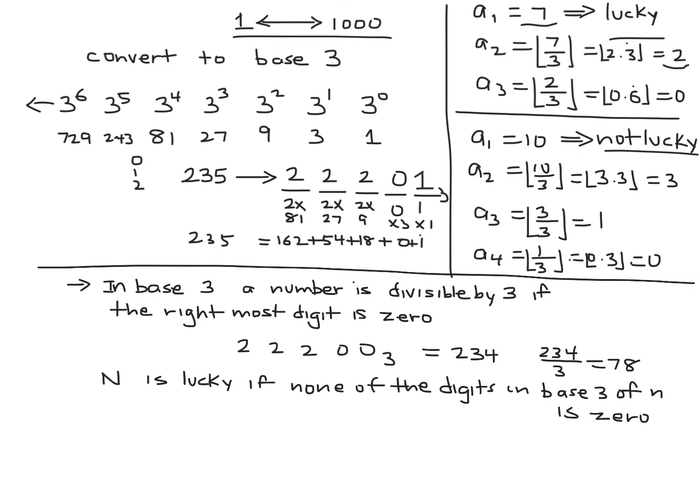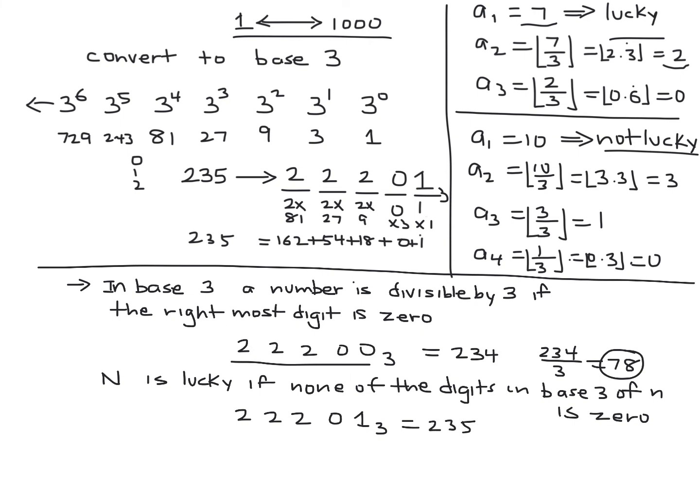Because watch what happens. If you start off with a number like this and then you divide by 3, immediately this is a number that is divisible by 3. So this number, 234, is not lucky because we found immediately a number that's divisible by 3. But let's say it was not immediately divisible by 3. Let's say you had 22201, which, as I showed up here, is 235.